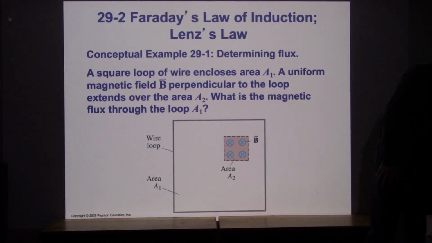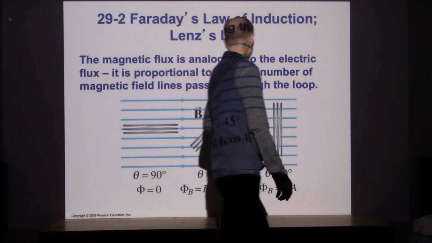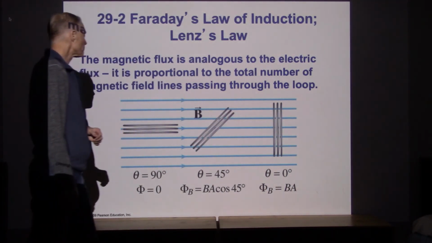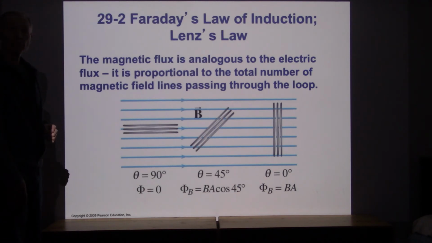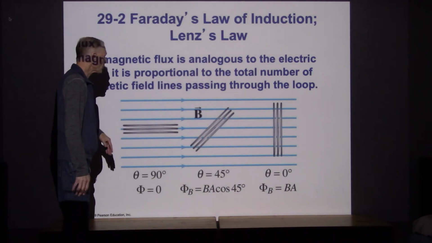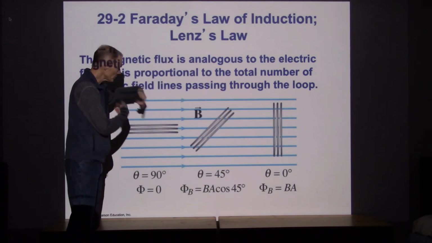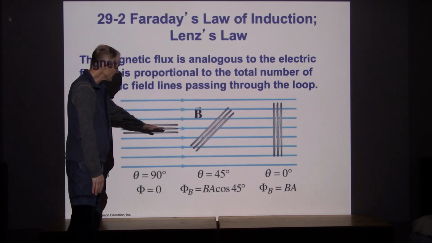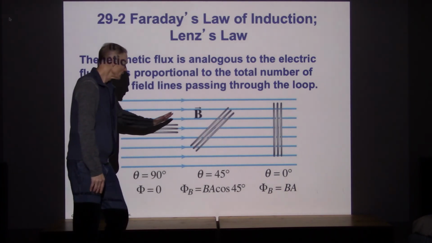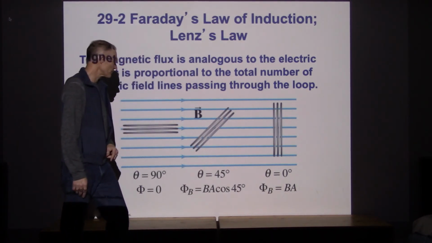So this flux determination gives us the first step in calculating the EMF that we're going to come up with. So again, here's another example. I've got a group of wires. I've got N loops. And if it's oriented like this, there's no flux at all. If it's oriented like this, then I have a BA cosine 45.